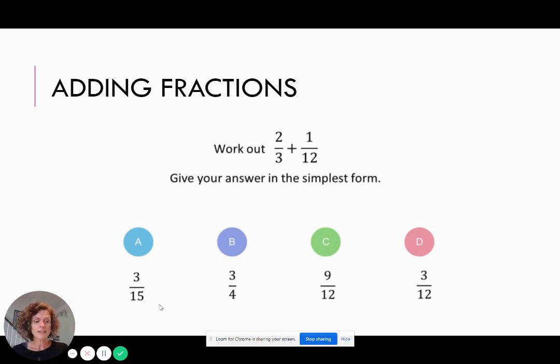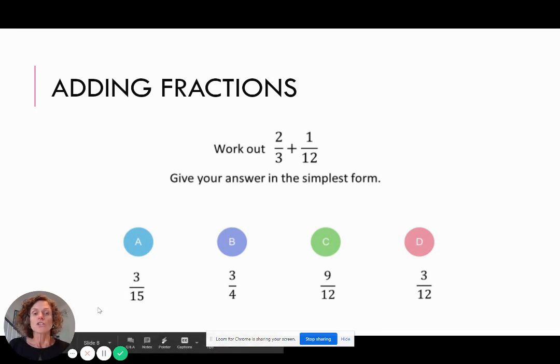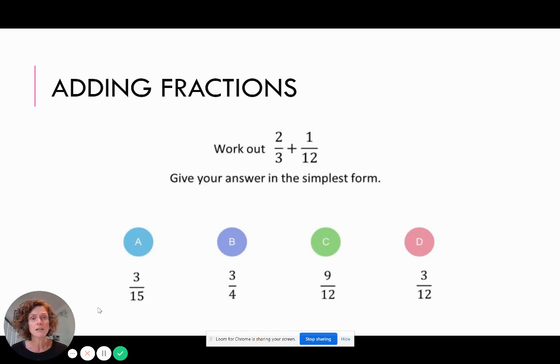Once I counted down and they'd held their fingers up, I would have a scan of the classroom. So I might then talk through the question and refer them back to previous learning, or ask them to look back at their notes, or give some reminders about not being able to add fractions without a common denominator. And I may ask them to re-vote.